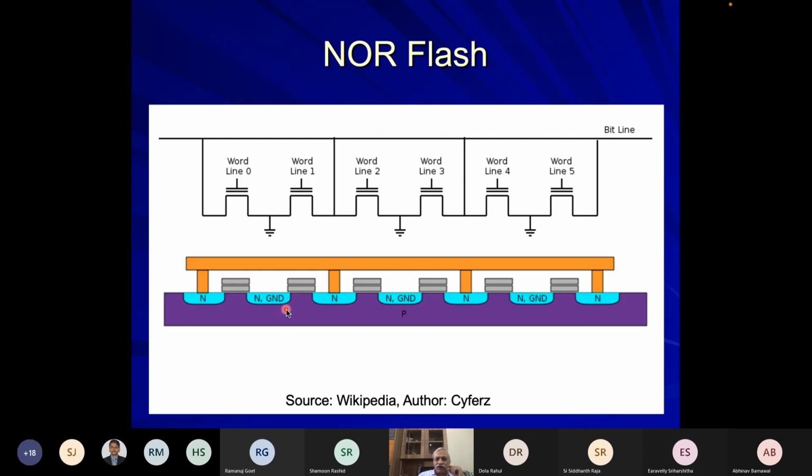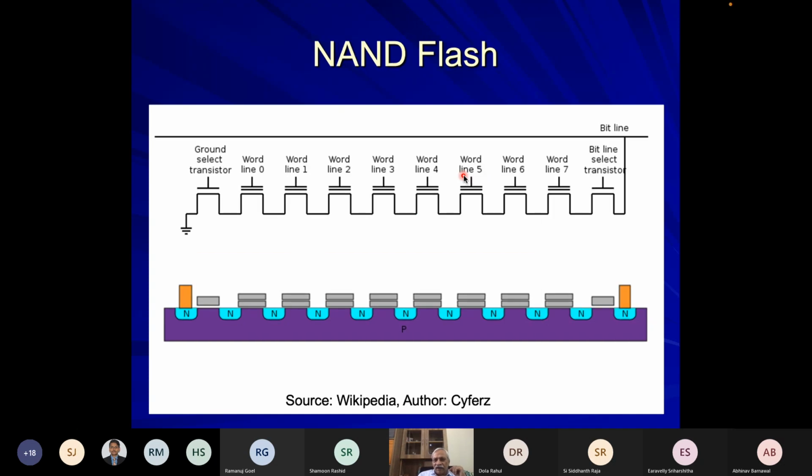So this is a picture of NOR flash. You can see that in all these transistors, one end is ground, and the other end is all connected to a common wire. In NAND flash, they are put in series.